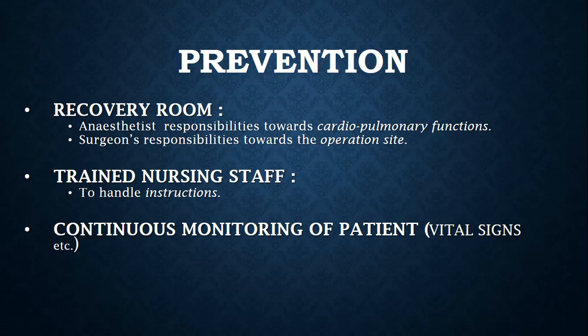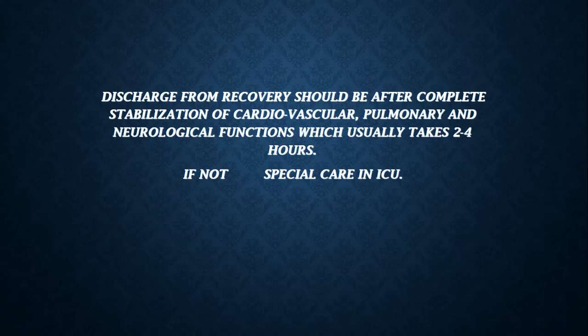Continuous monitoring of the patient should be done in the immediate postoperative period, recording all the vital signs. Discharge from the recovery room should be after complete stabilization of cardiovascular, pulmonary, and neurological functions, which usually takes 2 to 4 hours. If the patient doesn't improve, then he needs to be shifted to a high dependency unit or ICU care, depending upon the facility in the respective hospital.